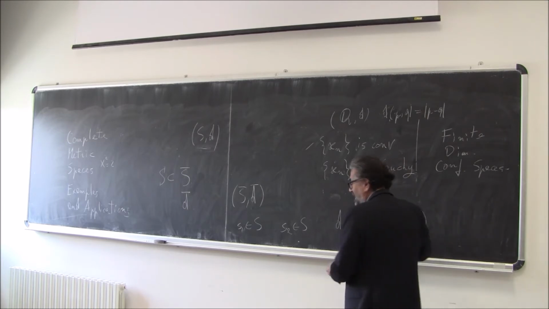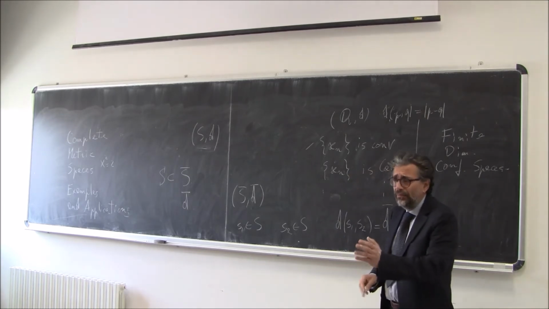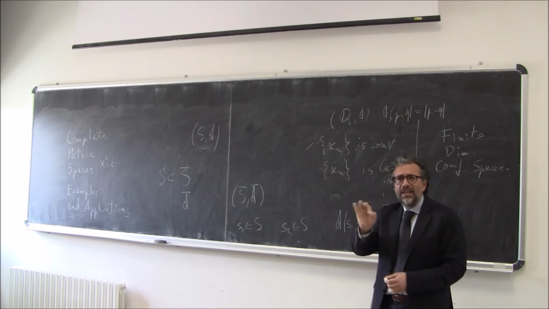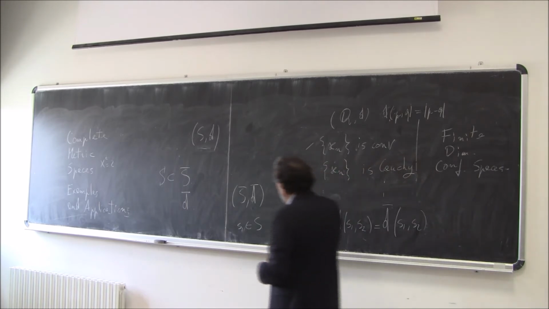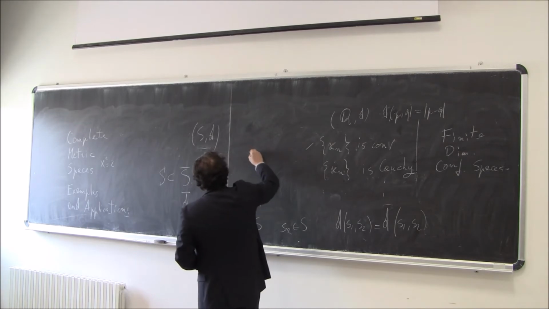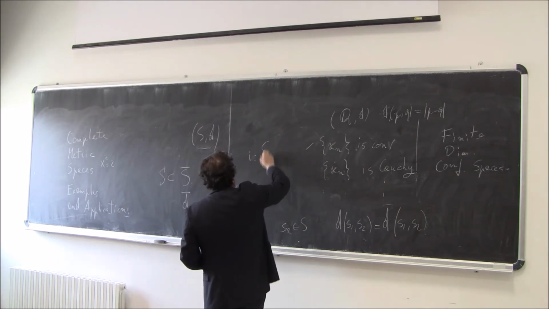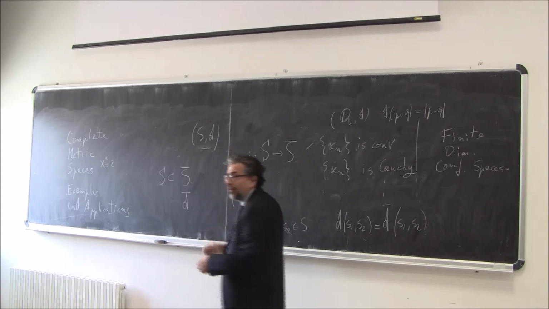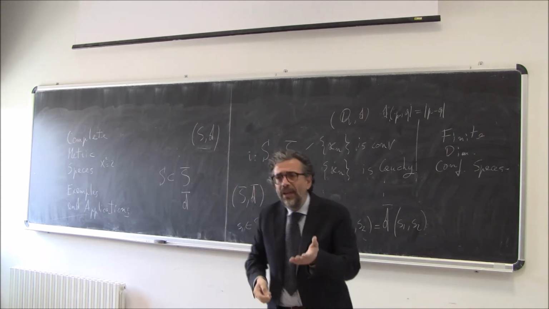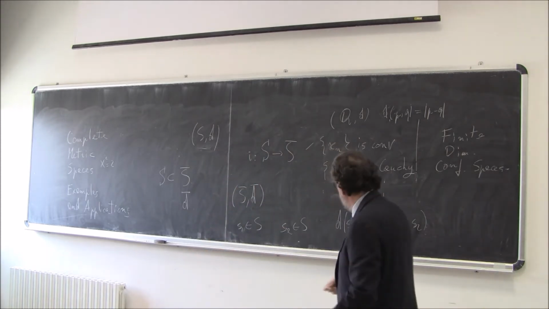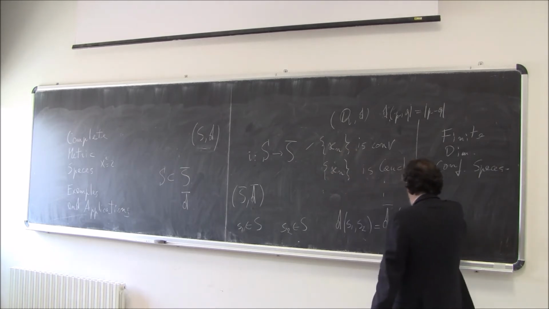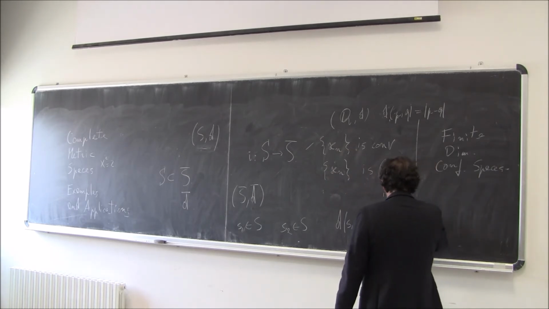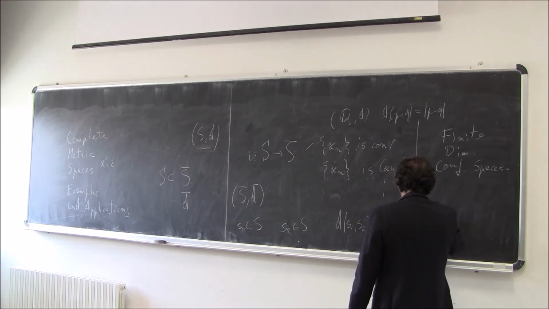Here there is an identification hidden. So if you want to be a very precise mathematician, you can introduce an immersion I between S and S bar, which identifies the elements of S as elements of S bar, so that here you can write D bar of I of S1, I of S2.